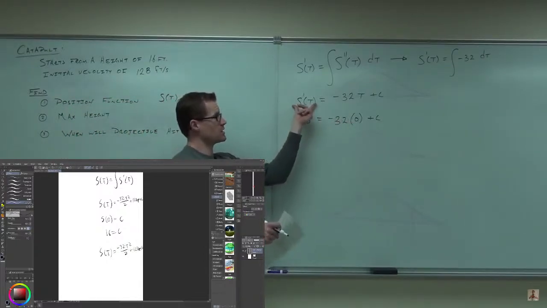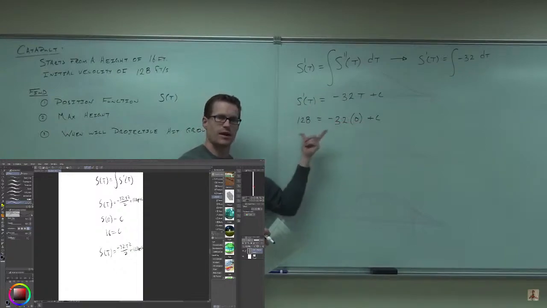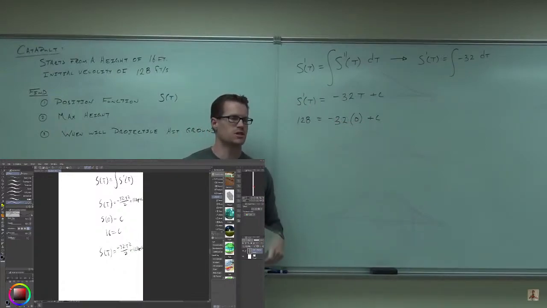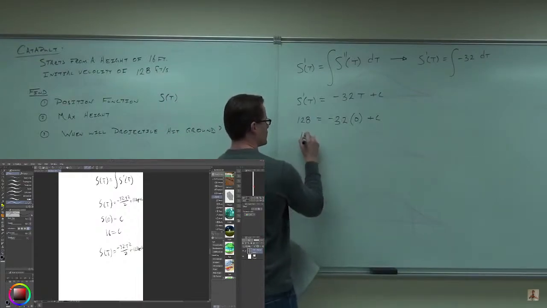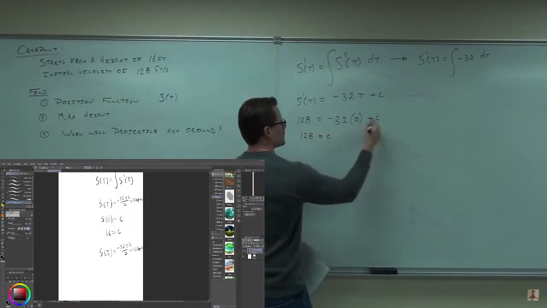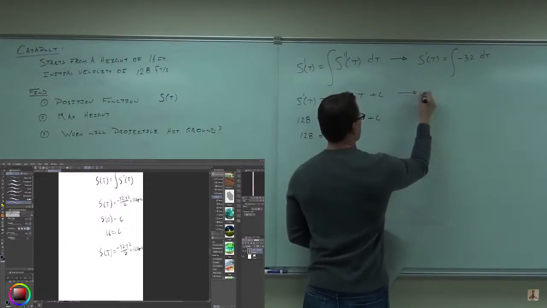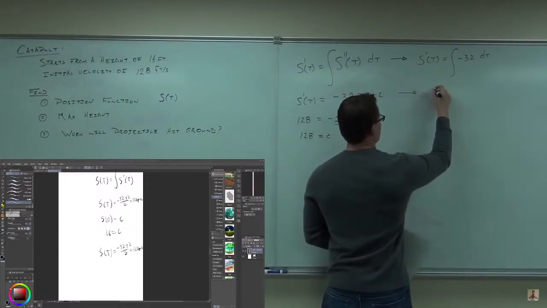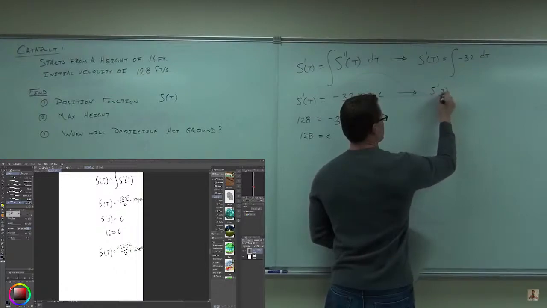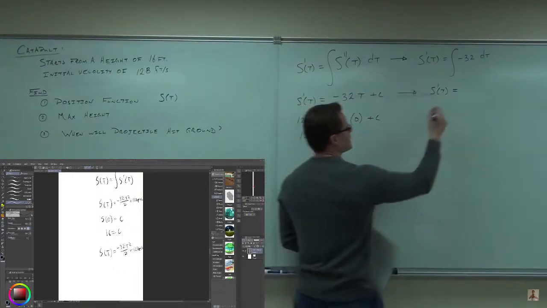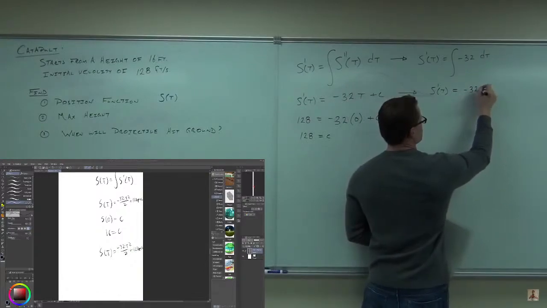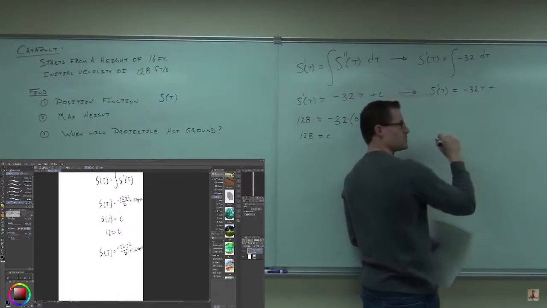This means the velocity at 0, that's 128. Can you solve for c? That one's really nice. How much is c? So with a little substitution, we have that S prime of t is negative 32t plus 128.